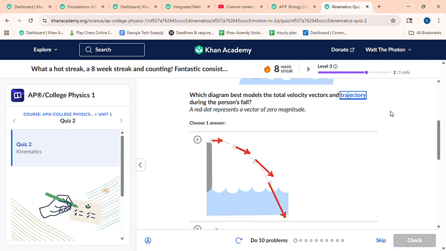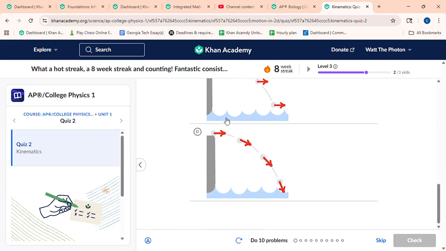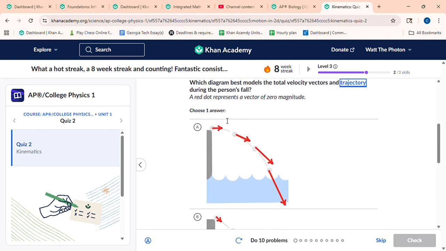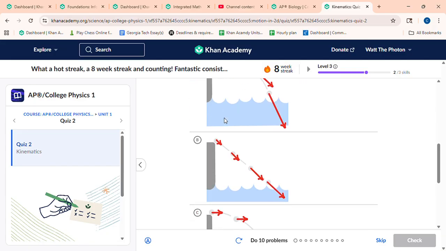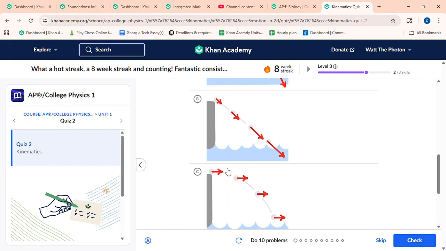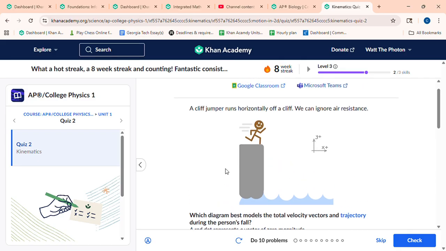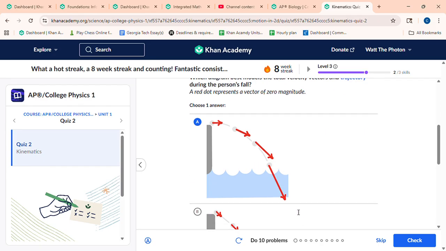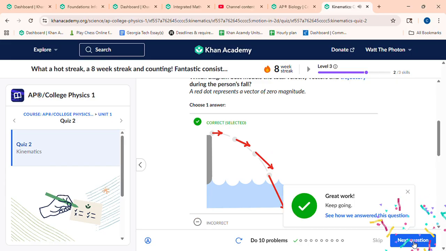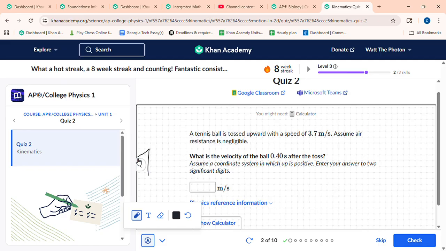Introduction. A tennis ball player hits the ball upwards at 3.7 meters per second.